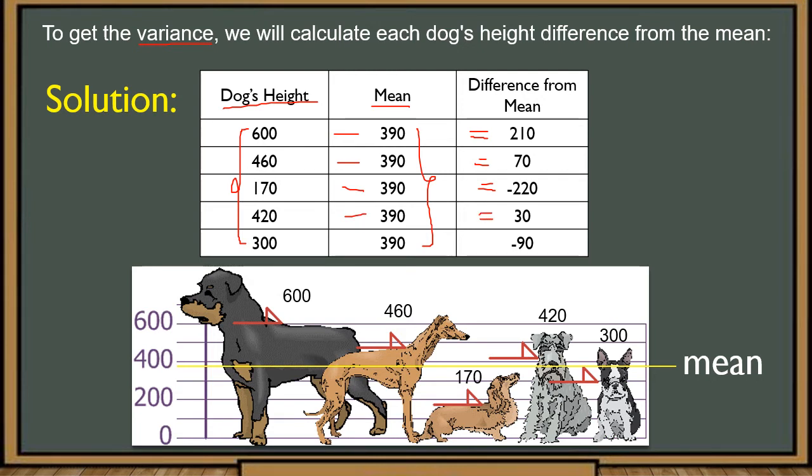And 300 minus 390 is equal to negative 90. These are the results when we get the difference of each dog's height from the mean.